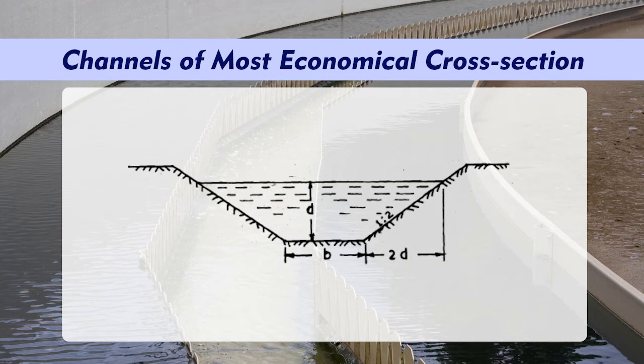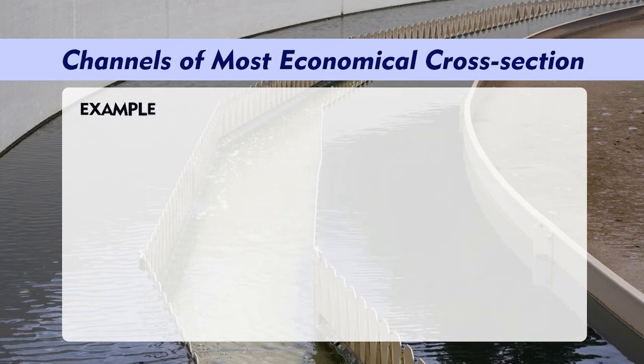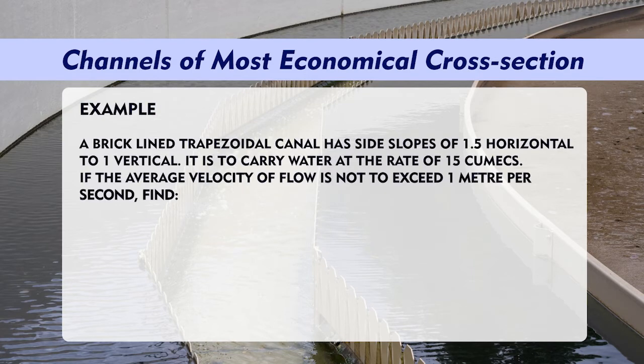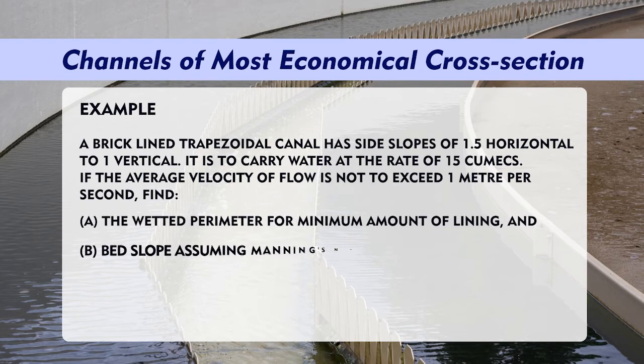Now another example: a brick-lined trapezoidal canal has side slope of 1.5 horizontal to 1 vertical. It is to carry water at the rate of 50 cubic meters per second. If the average velocity of flow is not to exceed 1 meter per second, find the wetted perimeter for minimum amount of lining and bed slope, assuming Manning's constant n is equal to 0.015.